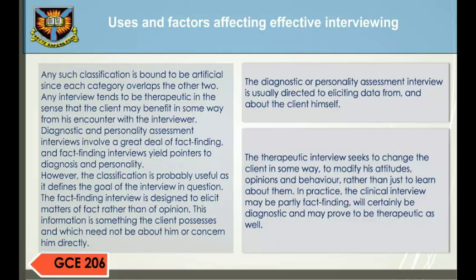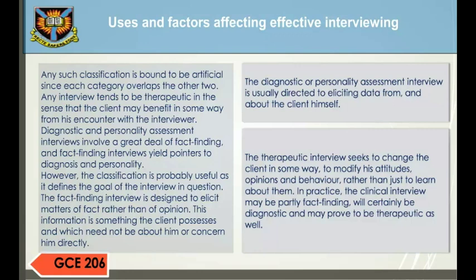Diagnostic and personality assessment interviews involve a great deal of fact-finding, and fact-finding interviews yield pointers to diagnosis and personality. However, the classification is probably useful as it defines the goal of the interview in question.